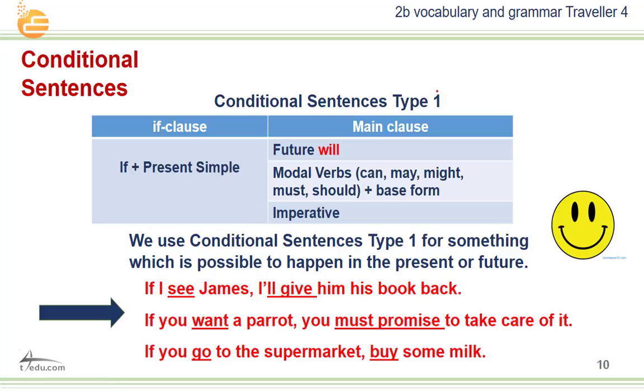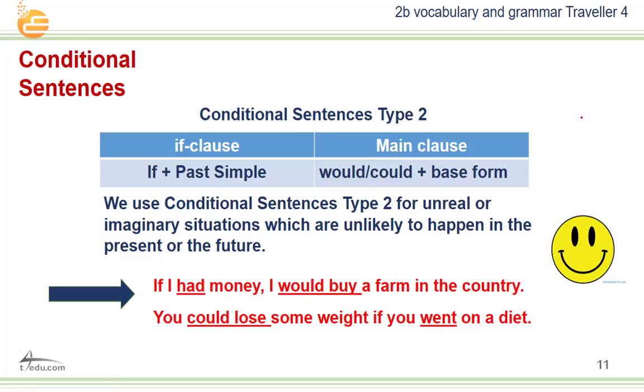So type 1, something possible to happen in the present or future. While type 2, imaginary. Imagine, not real. Imaginary situations which are unlikely to happen, may not happen in the present or future.